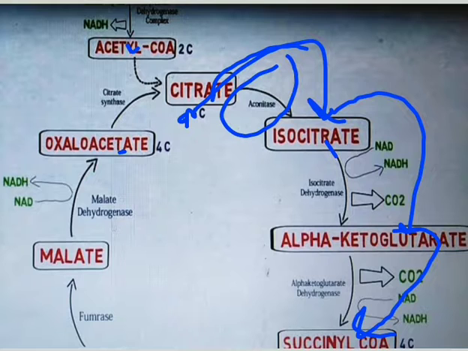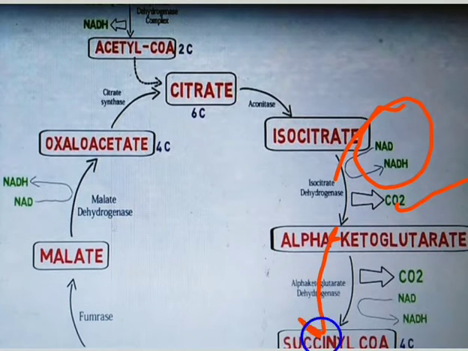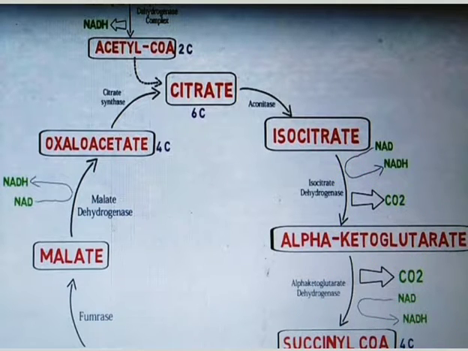In the conversion of isocitrate to alpha ketoglutarate, NAD is converted into NADH, and there is a removal of carbon dioxide. Similarly, from alpha ketoglutarate to succinyl CoA, there is also a removal of carbon dioxide and the production of NADH. So these are the steps.